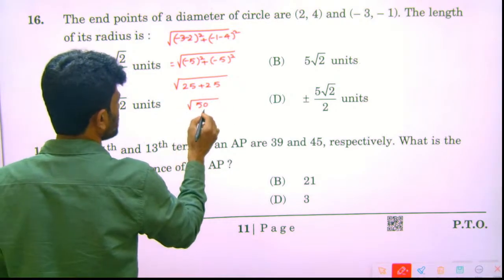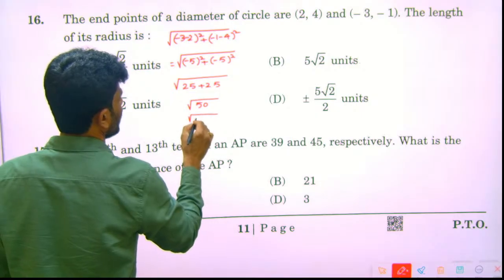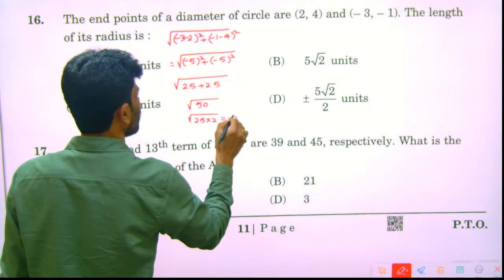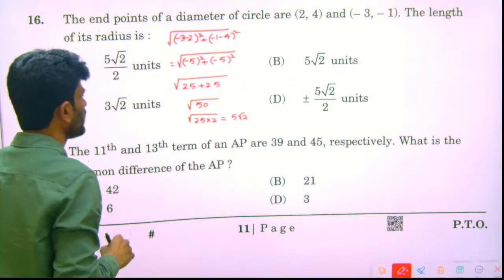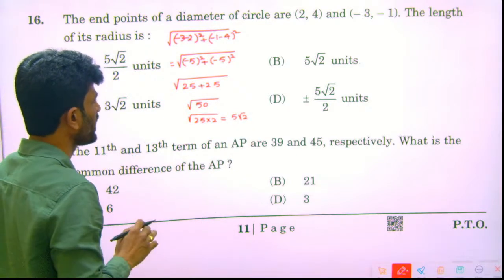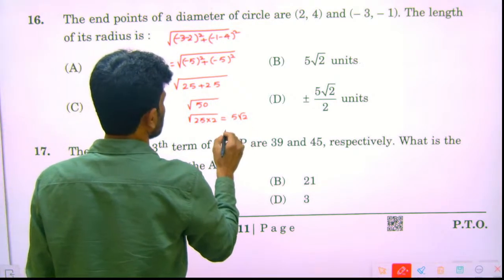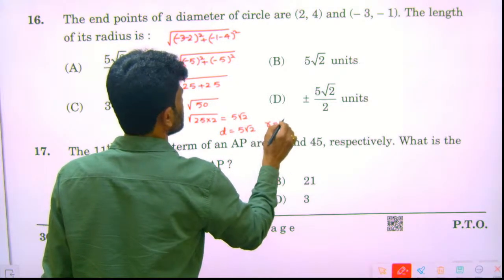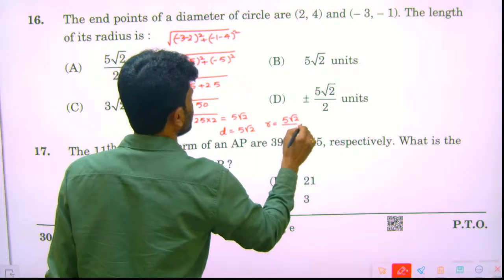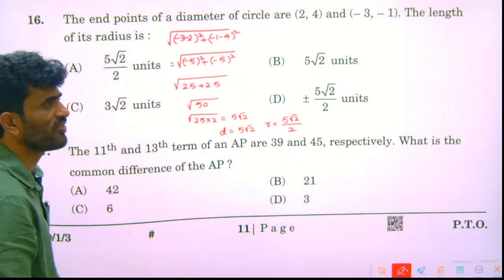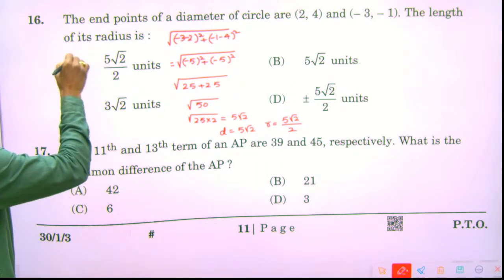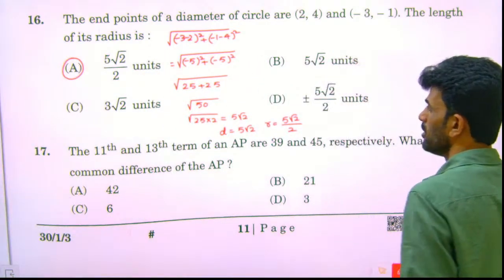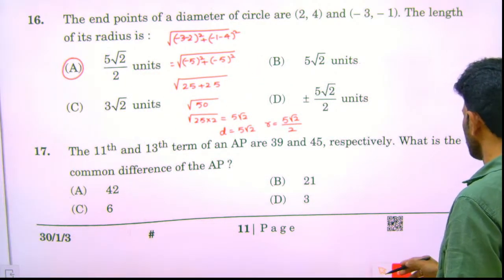We can write it as root of 25 into 2, which is 5 root 2. This is the diameter, but we want only the radius. Diameter is equal to 5 root 2, then radius is equal to 5 root 2 by 2. Option A. This is a new one that was not there in the previous two sets.